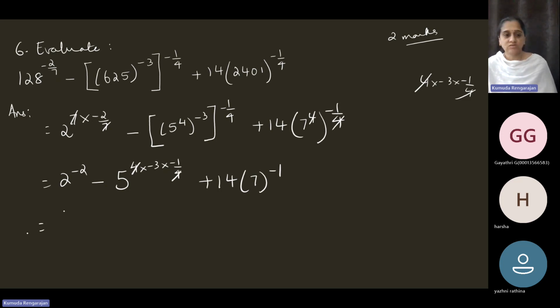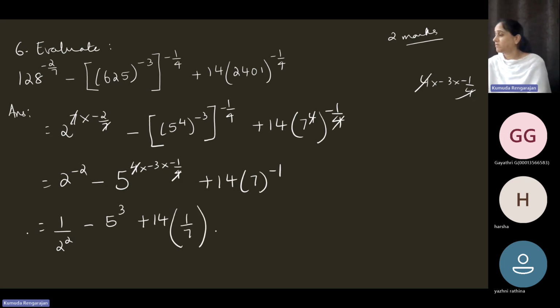Now 2 to the power minus 2 is 1 by 2 squared minus 5 to the power 3. Minus 3 into minus 1 is plus 3. And plus 14 into 1 by 7. 7 to the power minus 1 is 1 by 7. Forgotten that? Do we understand 7 power minus 1 is 1 by 7? Okay. So now 7 1s are 7, 7 2s are 14.